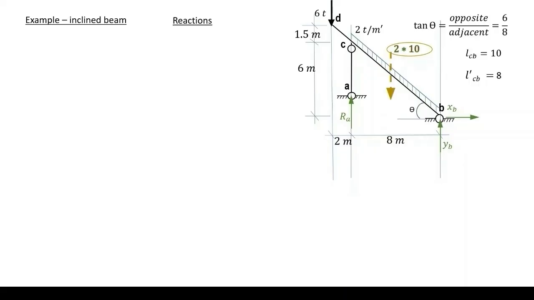Please note that the distributed load, 2 tons per meter run, is distributed on the length CB equals 10 meters, while the arm of the resultant will be the horizontal projection, 8 meters. 8 meters is the length perpendicular to the direction of the distributed load, and so the direction of its resultant.